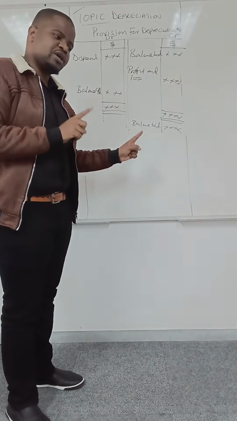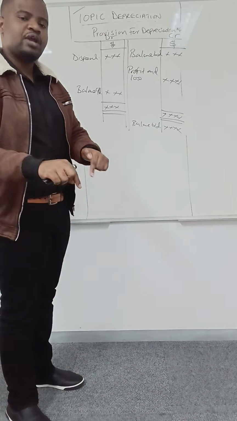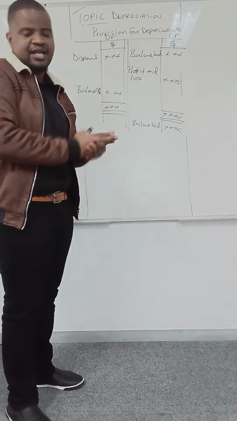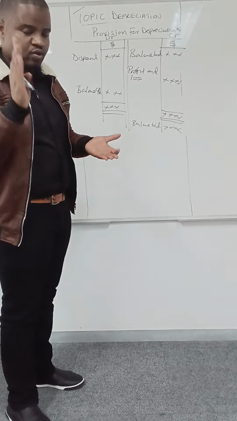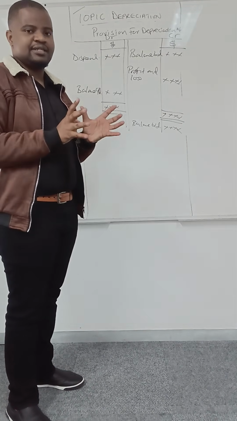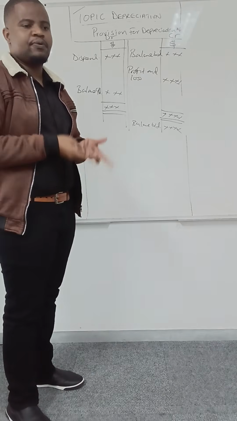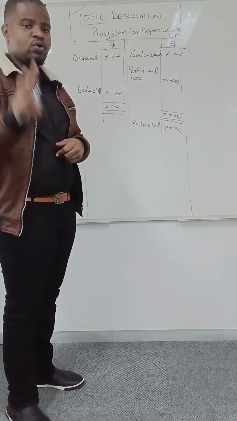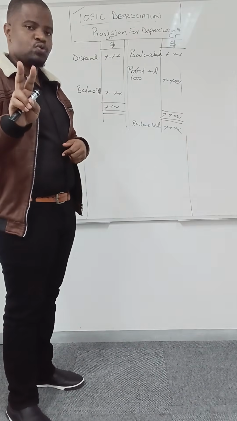Why? Because this one spent the whole year, this one only 6 months. So the depreciation will be charged month by month, but that's if the question is silent about the month of ownership or specifies that we use month by month. So that's two important pieces of information.